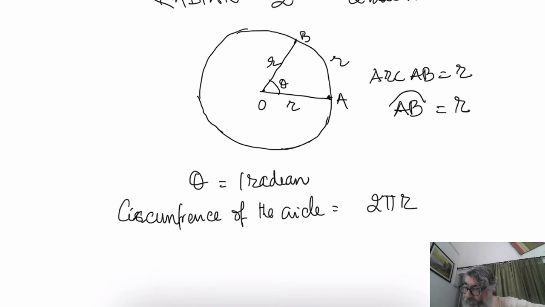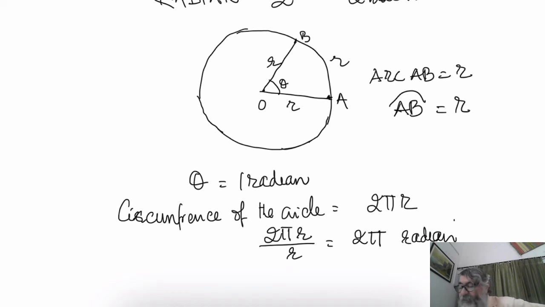So if I divide 2 pi r by r, I get 2 pi. 2 pi radian. The angle formed at the center by the full circle will be 2 pi radian, because of this division. Now let us see.